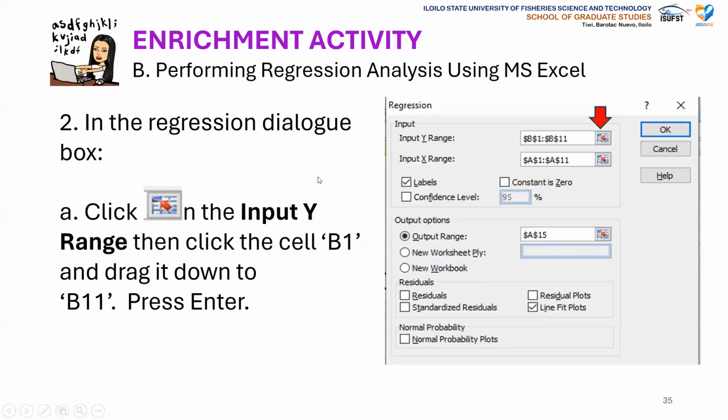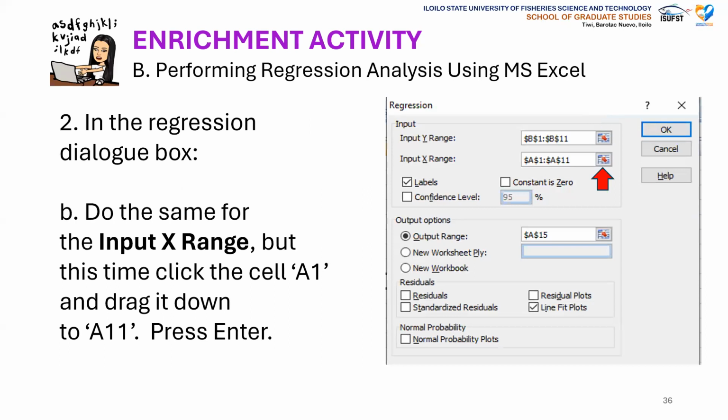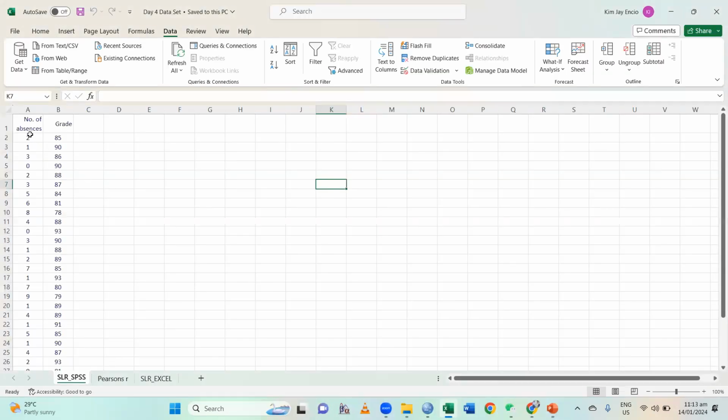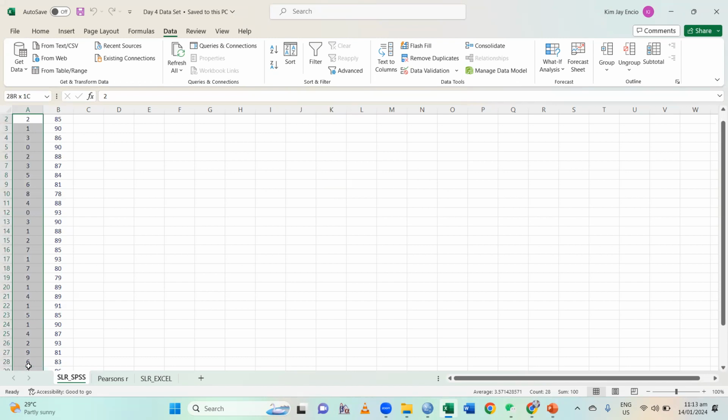In the regression dialog box like this, you click this thing, the input Y range, and drag it down to B11 and press enter. When we say drag down, you highlight going down like this. So it's assumed that you will do it all by yourself.